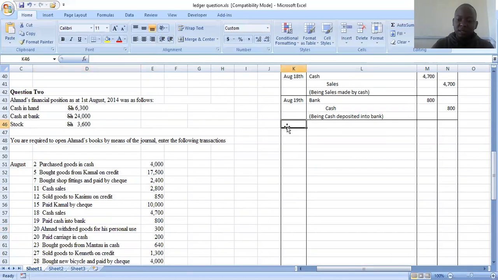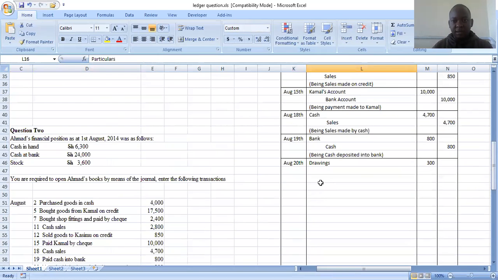So that is on 20th August. So we debit drawings. The amount is 300, and credit purchases, $300.